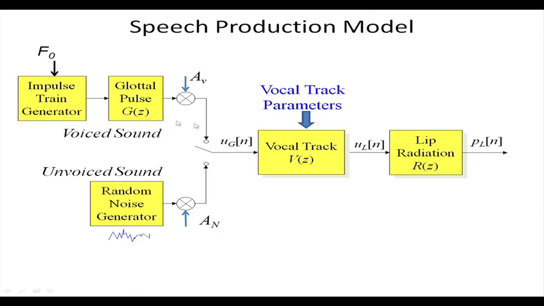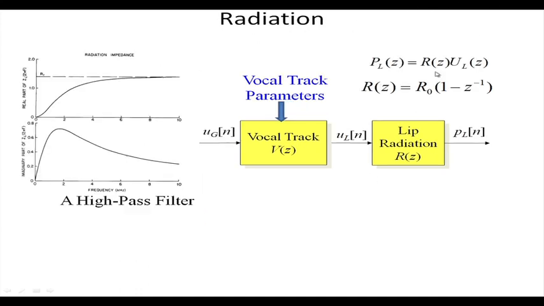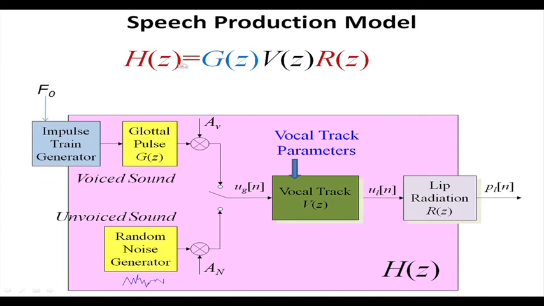The total transfer function, the whole speech production transfer function, is H(z) equal to G(z) V(z) R(z). It is the product of the glottal pulse transfer function, the vocal tract transfer function, and the lip radiation transfer function.